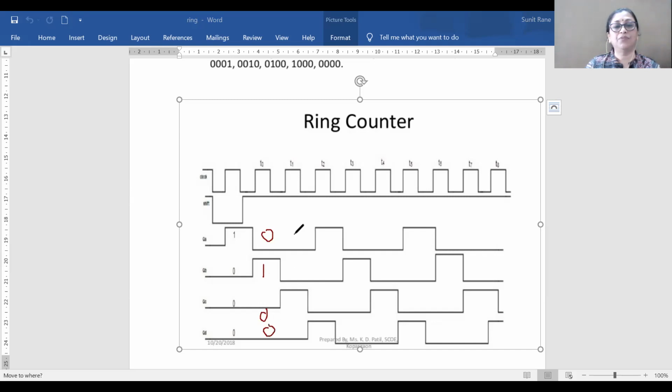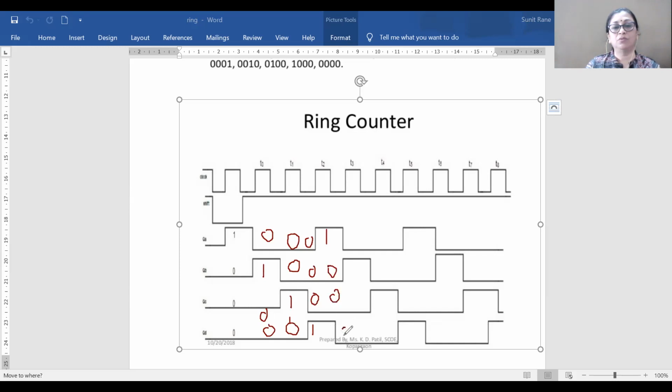The next step will be 0 0 1 0. The next step is 0 0 0 1, and thereafter again you have 1 0 0 0.